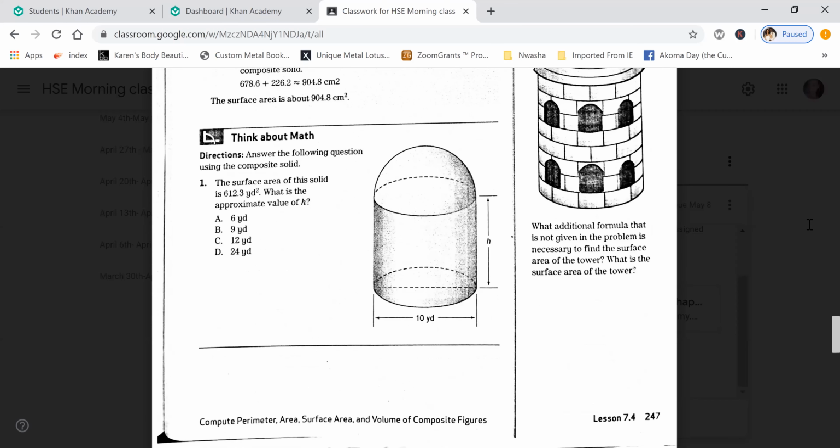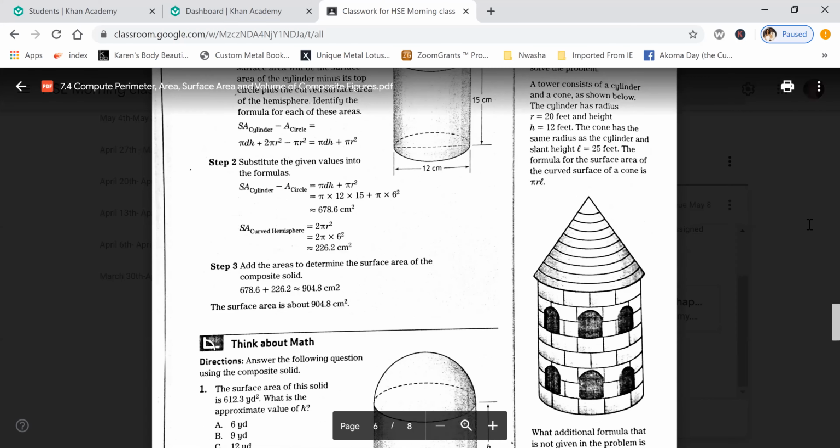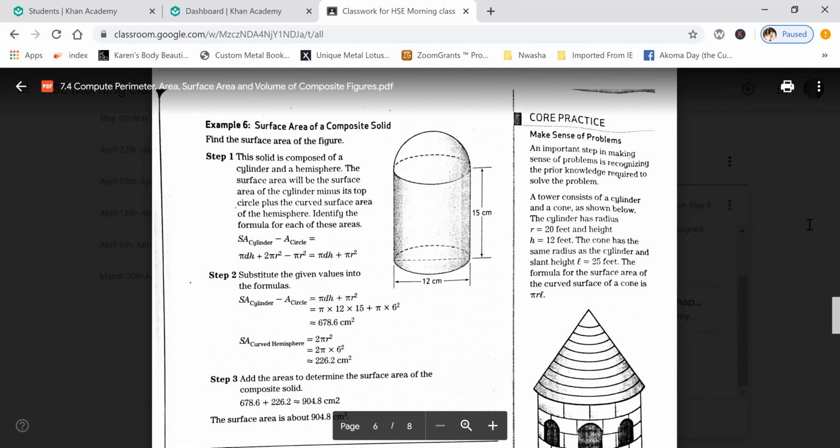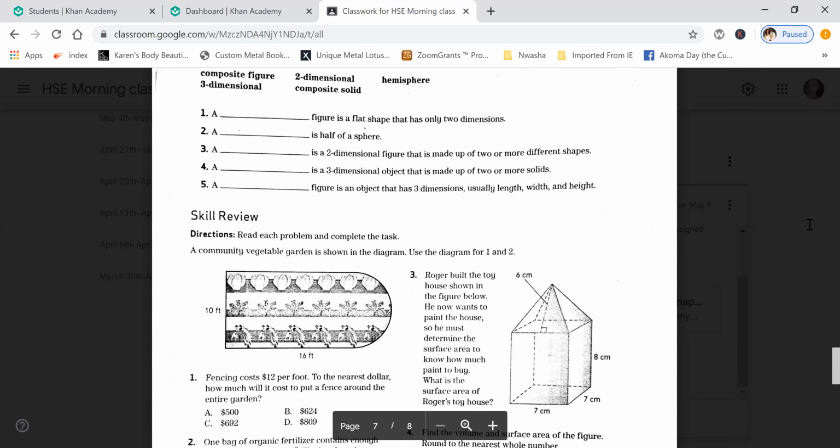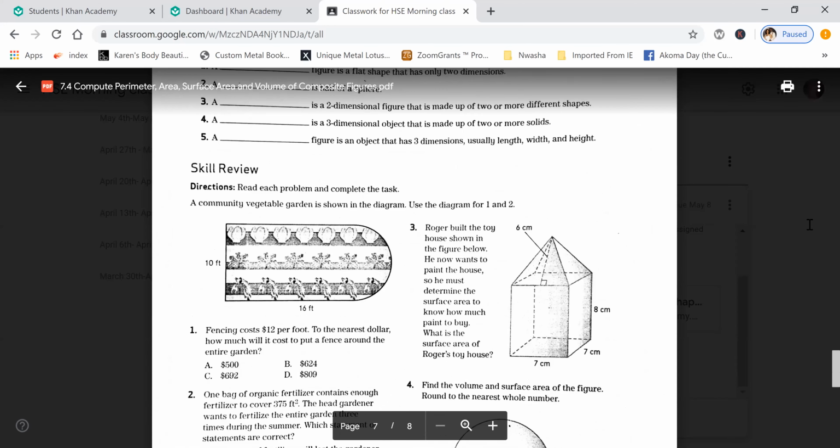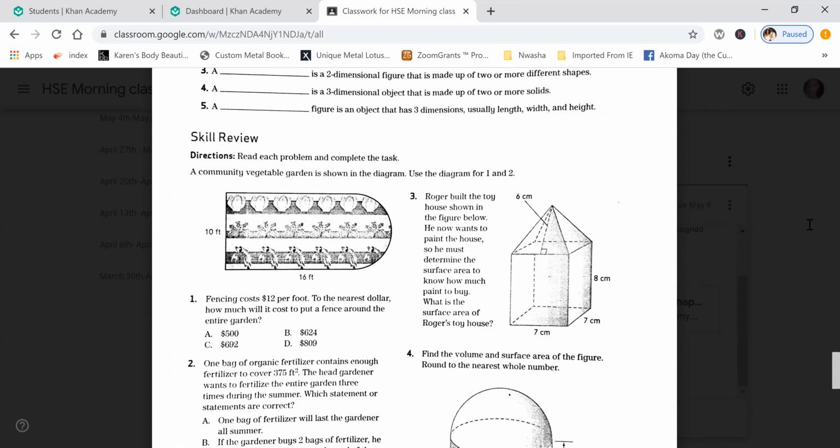So we're going to do these 2 tomorrow, the one that's Think About Math, and then this one over here about the tower. And then we'll go into the vocabulary and see how many of the skill review we can do. And then this is what we're going to work on for the rest of the week.